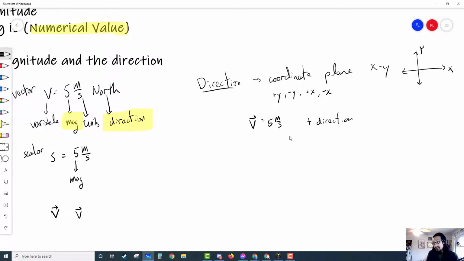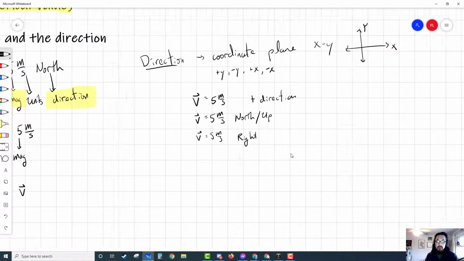Now we don't write it because it's known that there's a positive symbol there, but I'm just putting it out there. If you don't see it, it's usually a positive direction. We can also say that it's 5 meters per second north or up. We can also say 5 meters per second right. So these are all examples of vectors.